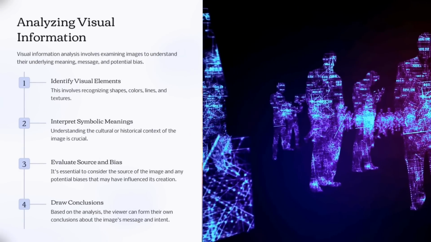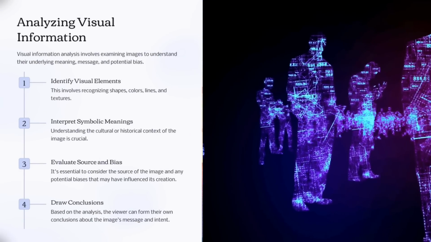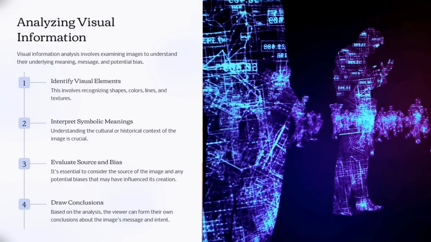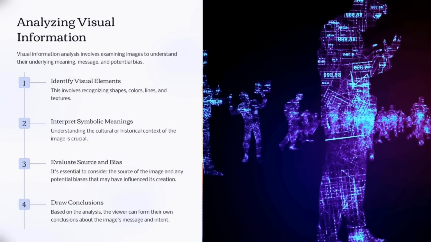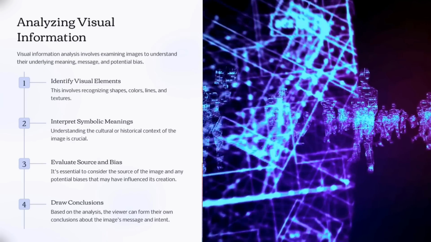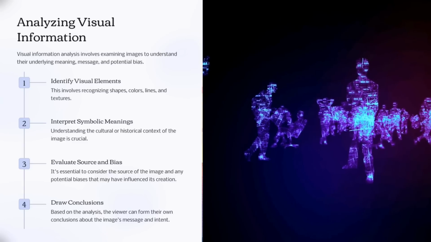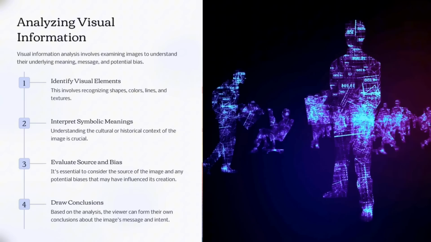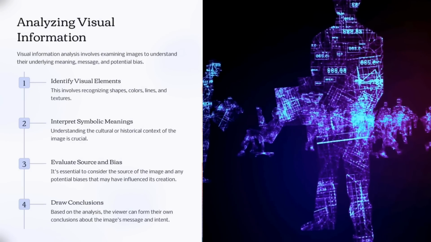So, analyzing visual information. Visual information analysis involves examining images to understand their underlying meaning, message, and potential bias. Number one, identify visual elements. This involves recognizing shapes, colors, lines, and textures. Interpret symbolic meanings.